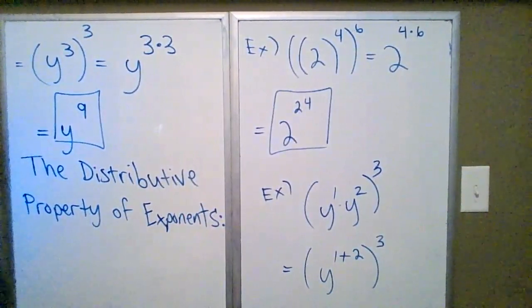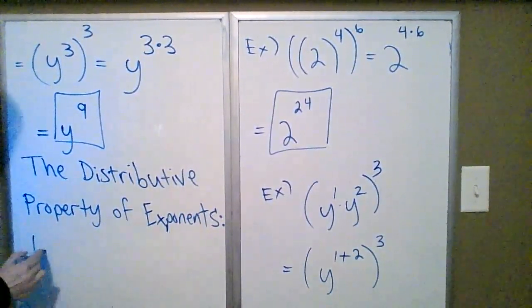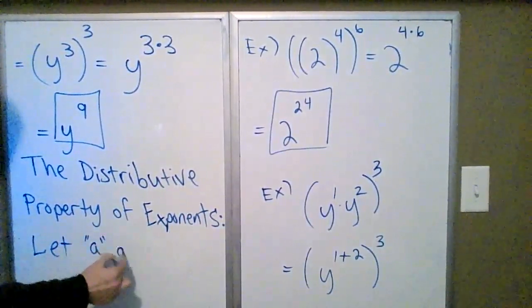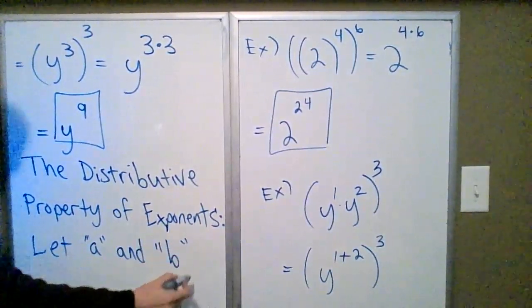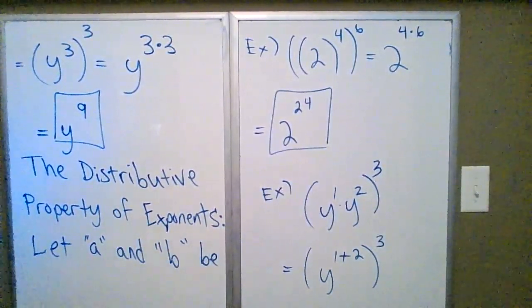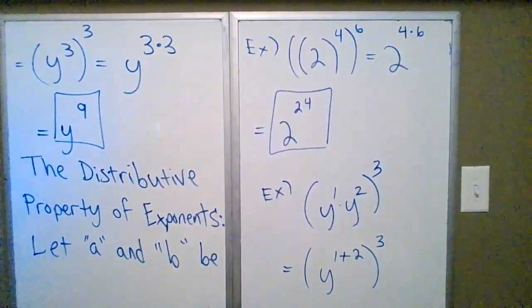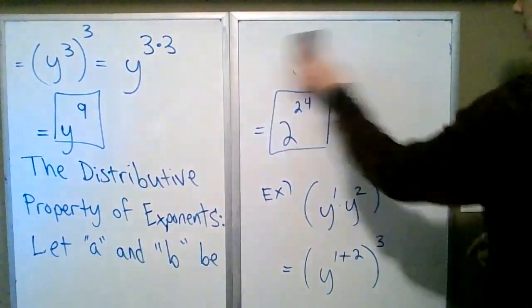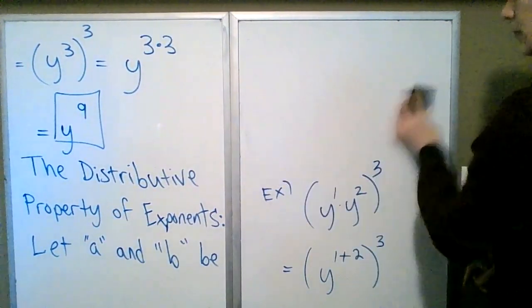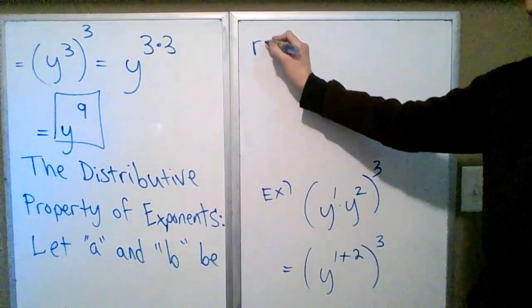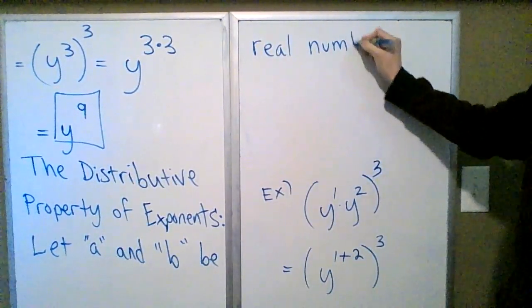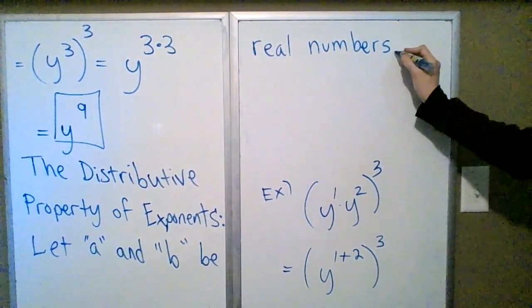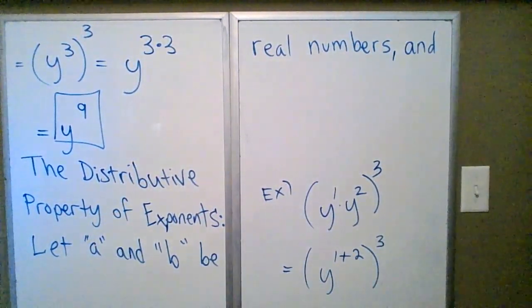This time a and b are real numbers, and x is an integer.